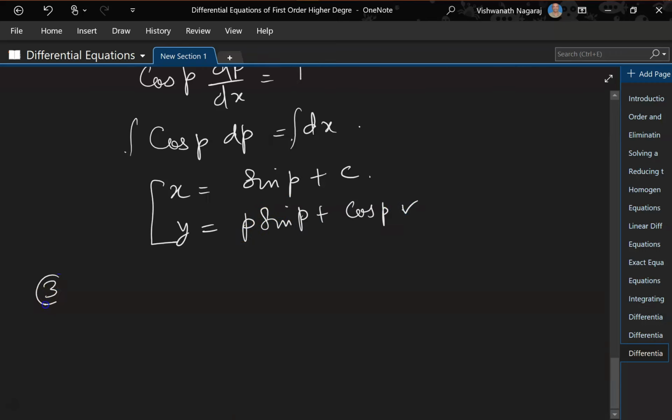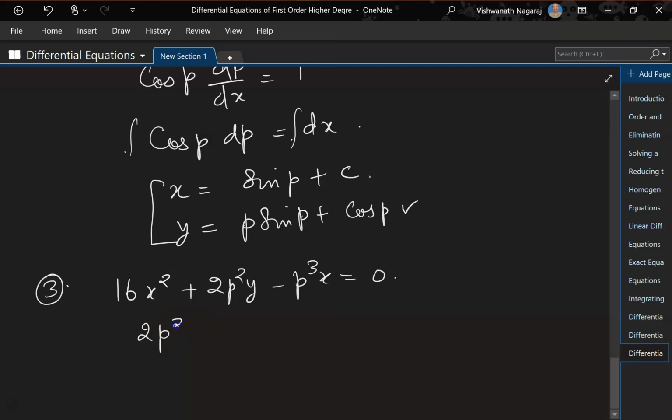Okay, let's look at the third one. 16x square plus 2p square y minus p cube x equal to 0. Remember, we have to solve it for y and then differentiate.